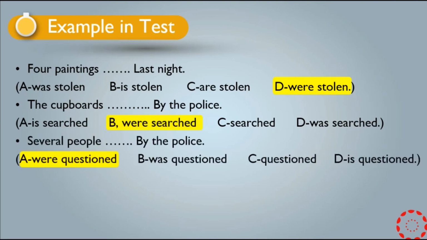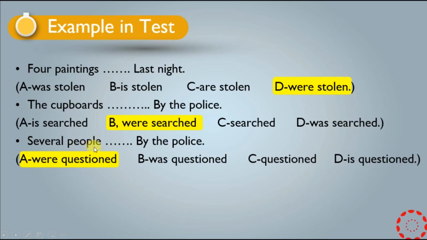searched by the police. Another example: "Several people ___ by the police." Why do I choose "were questioned"? Because the word people doesn't contain any s, but it is irregular.